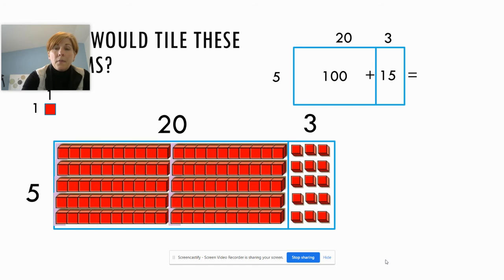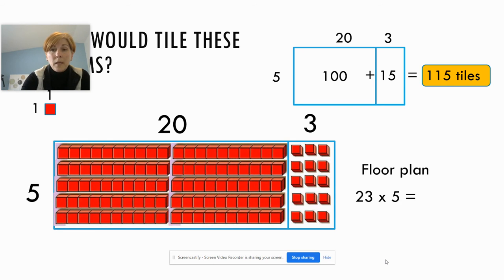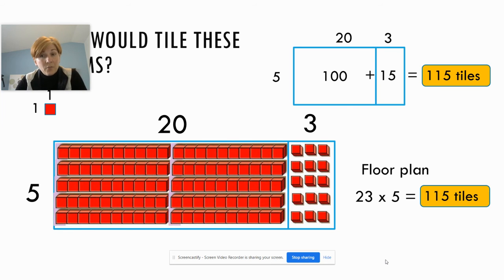Okay, and that's going to then add together to give me 115 tiles. So across the top, for a 23 by 5 floor plan, I would need 115 tiles. So that would be the area of that big rectangle.